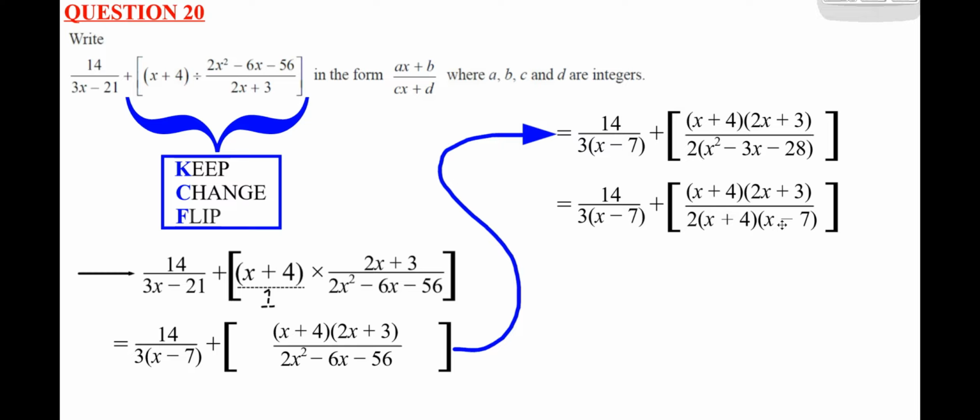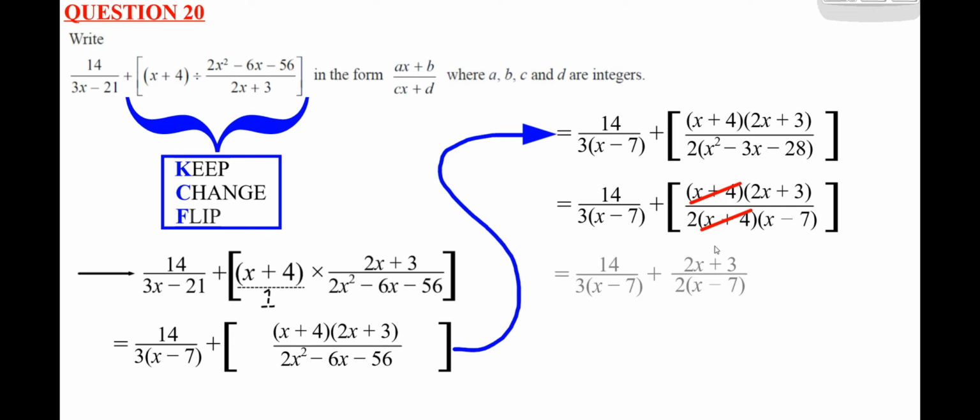A common theme when solving questions which are algebraic fractions is to also look for cancelling once we've factorized. So it's often a case of factorizing and cancelling. So I've got an x plus 4 bracket at the top and an x plus 4 bracket on the bottom, so I can cancel top and bottom to get rid of the x plus 4.